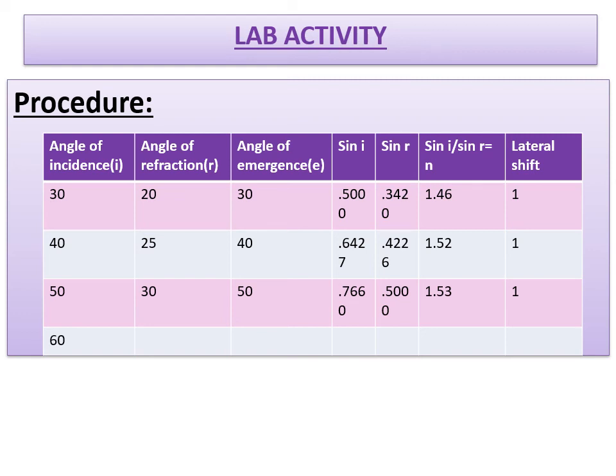For each value of I, R, E I have calculated and tabulated in this way. Whenever you do the activity, when you write the answer, you don't write any values there, only the model table you have to draw for the answer.